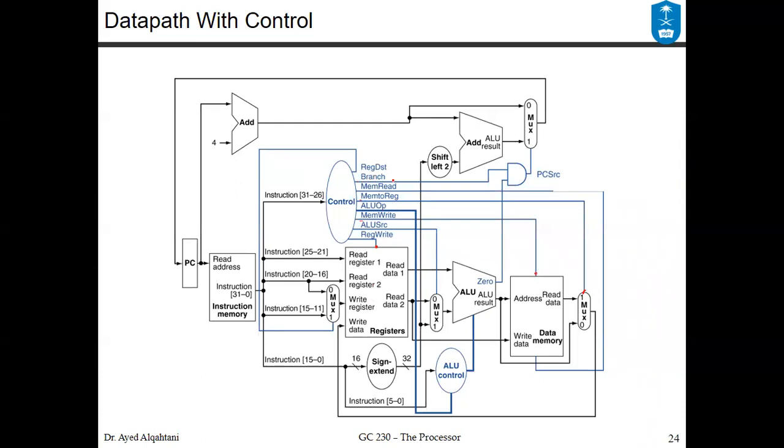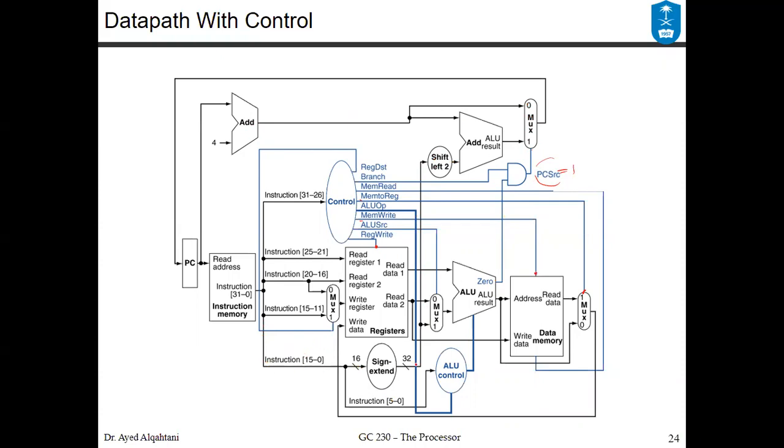You have also the branch. If the instruction is branch and at the same time the comparison gives you 0, which means that they are equal, at that point you should make the PC source equal to 1, and this is why we use an AND gate going to this multiplexer to get the PC plus 4 and then get also the immediate value from the instruction, which is from 0 to 15.